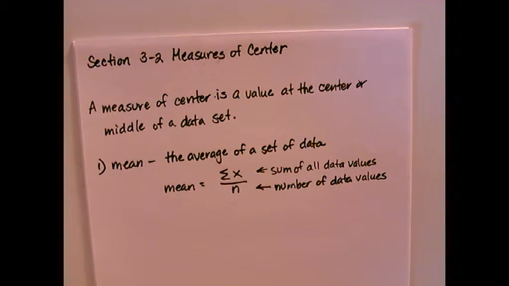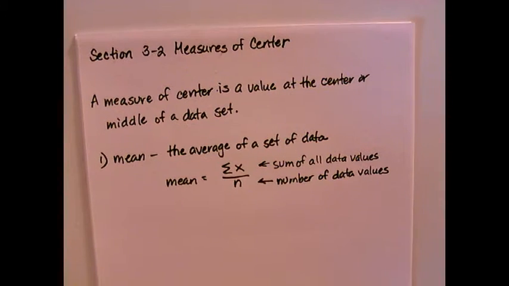Now, when we're dealing with a sample, which is a subset of a population, and the population, by the way, is the entire set of values that you're dealing with, the entire group.